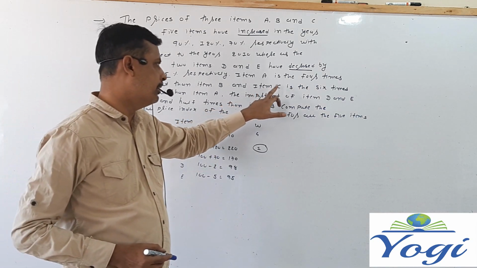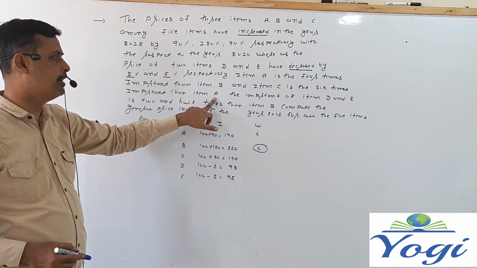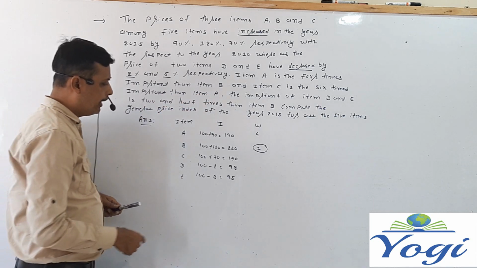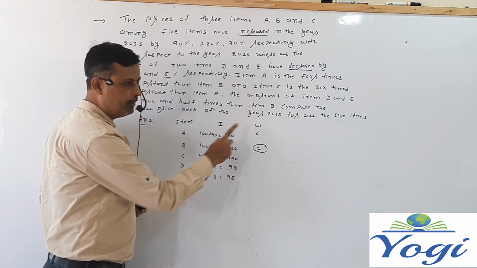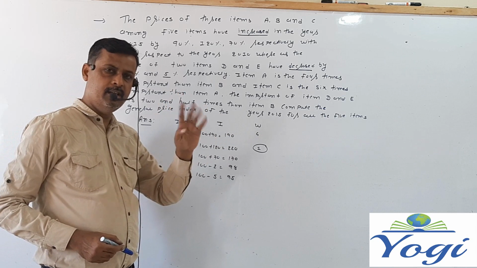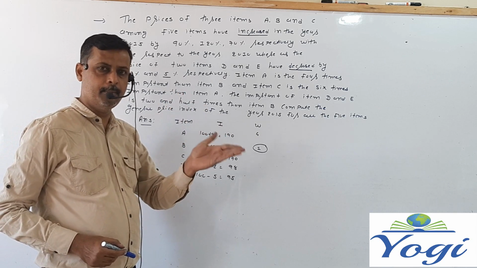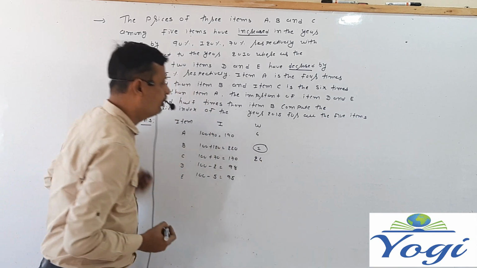And item C is 6 times as important as item A. Item A is 4 and C is 6 times that, so 4 multiplied by 6 becomes 24.